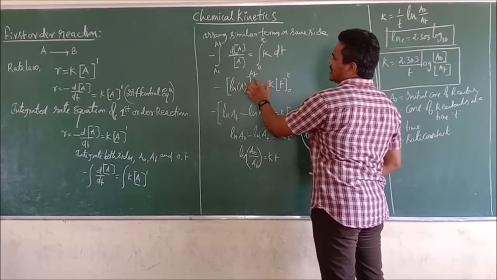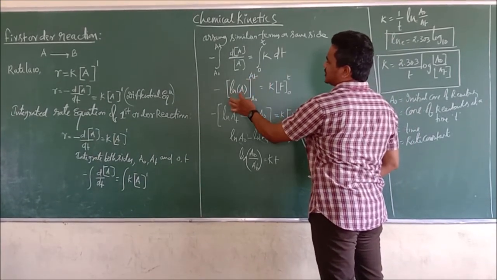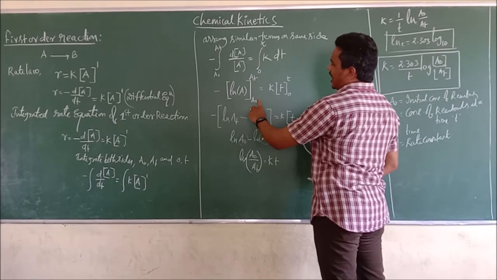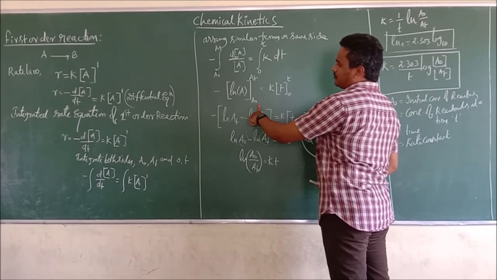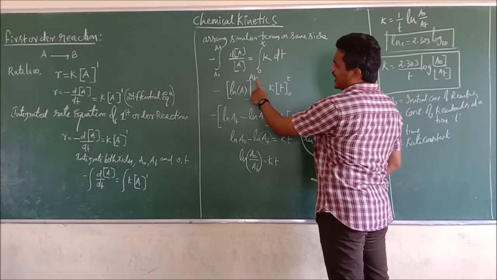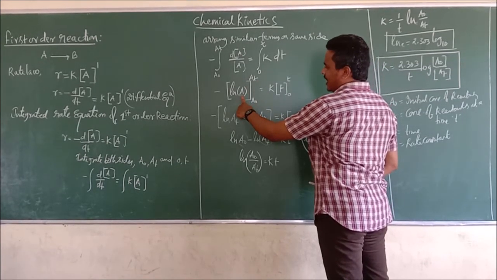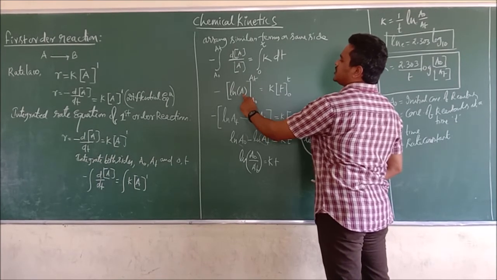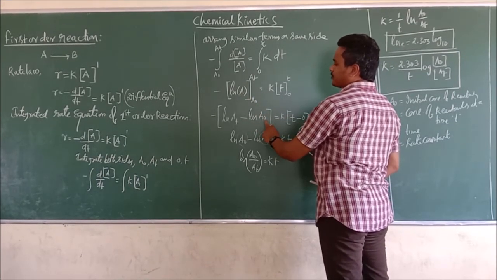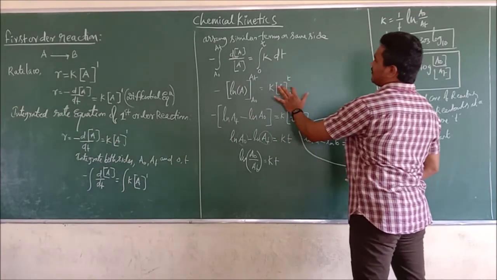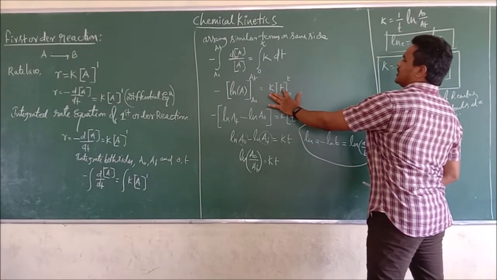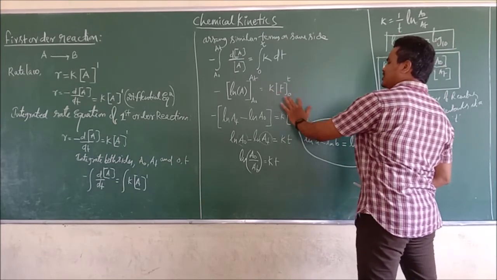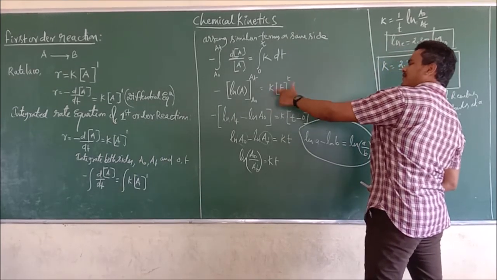Whenever this is there, we have to substitute first A0 instead of A, minus, then substitute At instead of A. Likewise, for time, minus instead of t, then 0 will come. This is the process of integration.